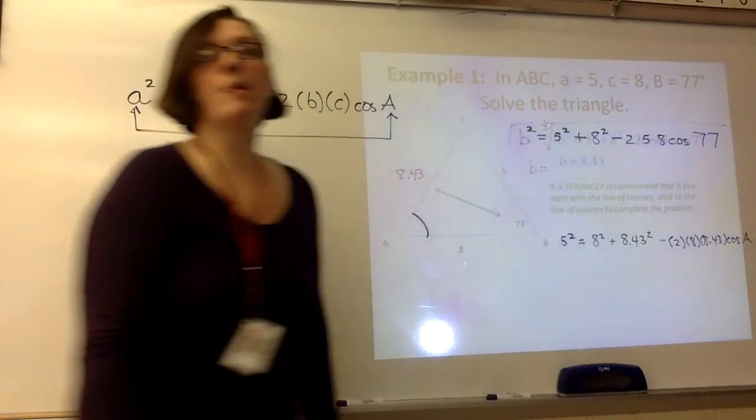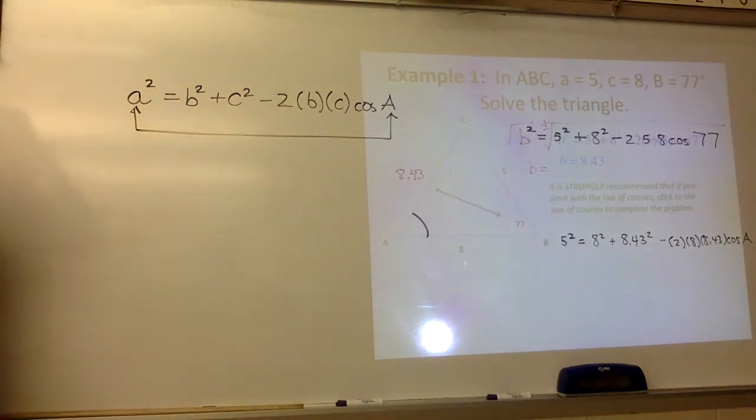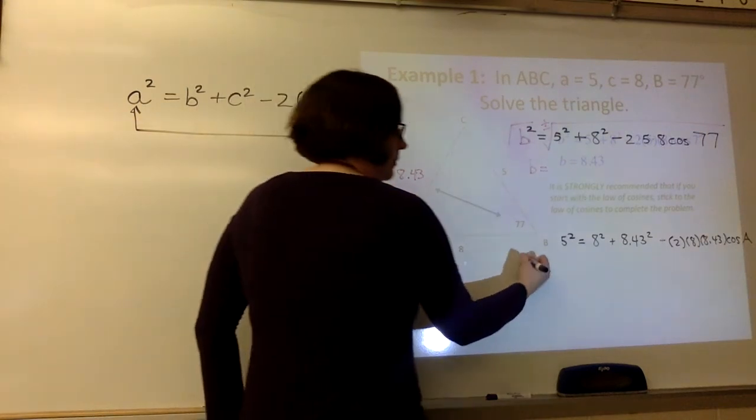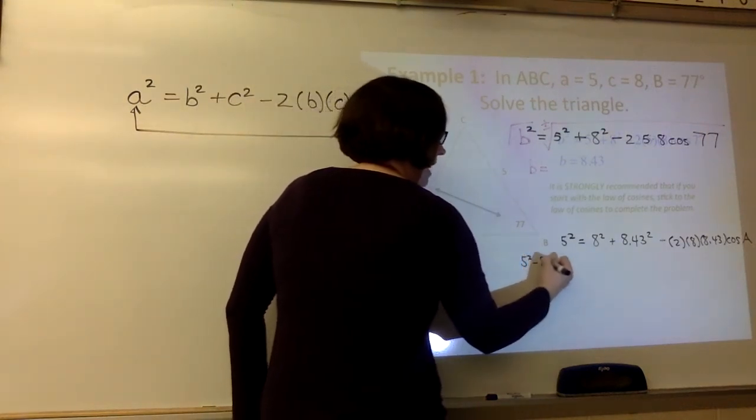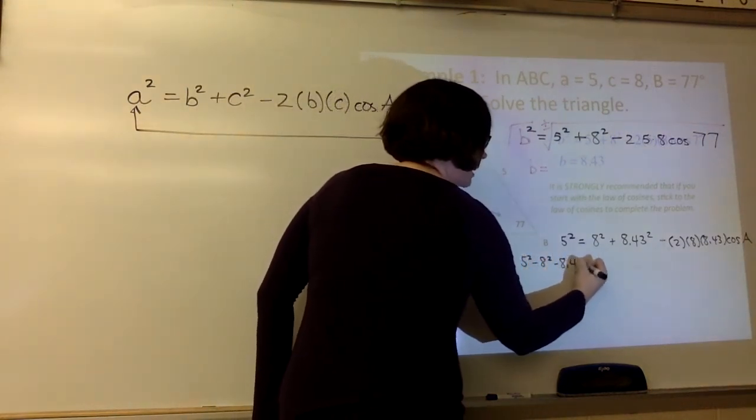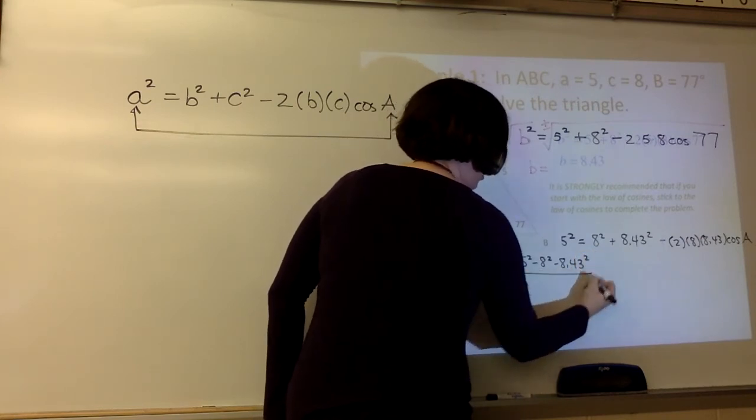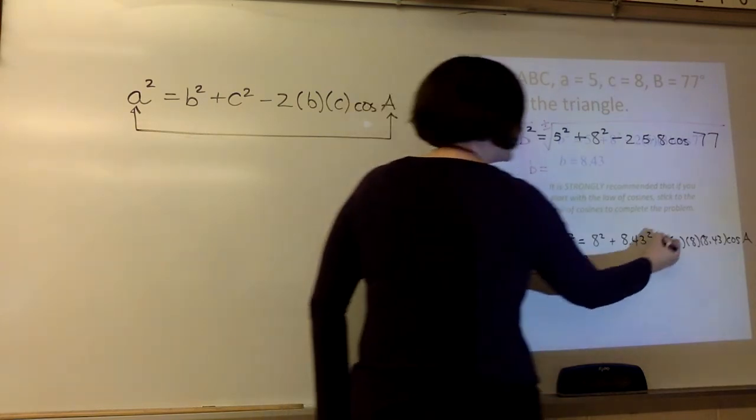Now this is like the warm-up problem where we're going to have to use cosine inverse to solve. So in my calculator, I would put in 5 squared minus 8 squared minus 8.43 squared, all of which is divided by this product right here.